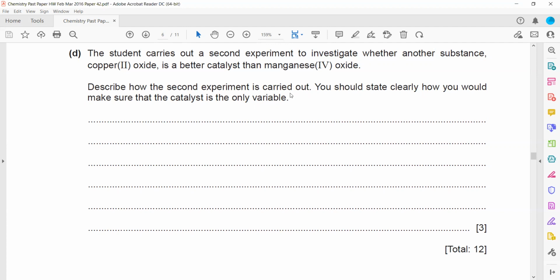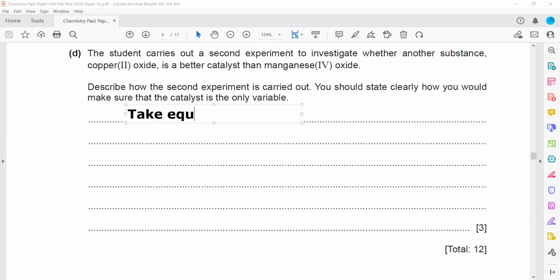In the marking scheme, I removed the answer for this question. The reason was that I want to check your understanding skills, like how you will write an answer without the reference of the marking scheme. So what the student should do is take equal volume of hydrogen peroxide, because hydrogen peroxide is the substance which decomposes.